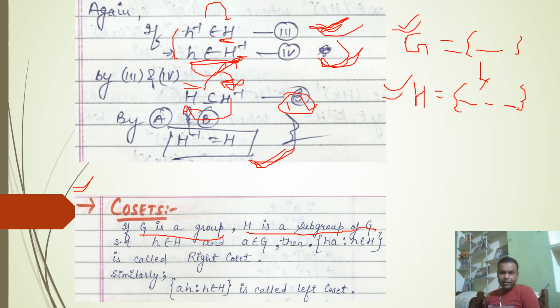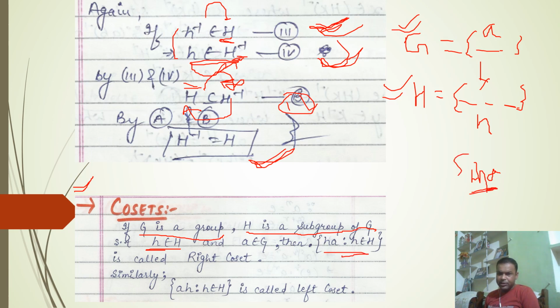Let us suppose h belongs to H. It means you are taking any element h from H and any element a from G, and you want to write their product. If you write ha, it means you are multiplying h into a.